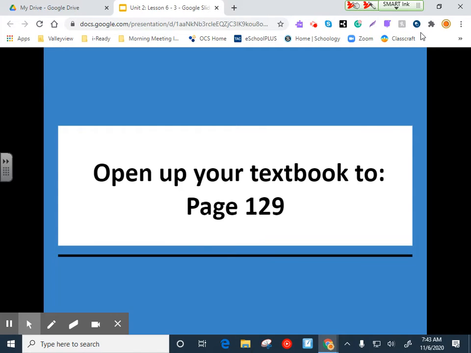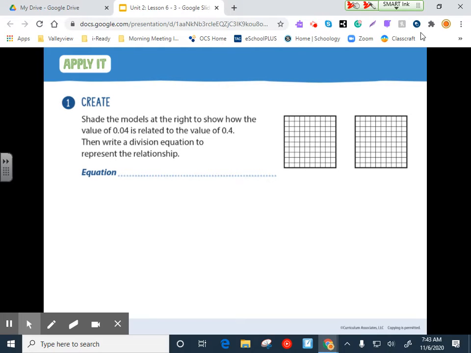Next slide. All right, open up page 129. And you should see just a couple of grids up there at top. Shade the models at the right to show how the value of 400ths is related to the value of 4/10. Then write a division equation to represent the relationship.